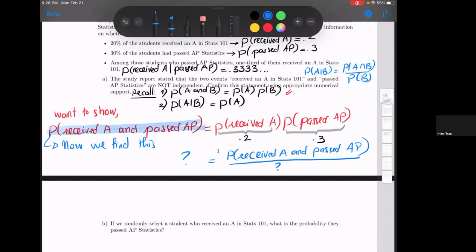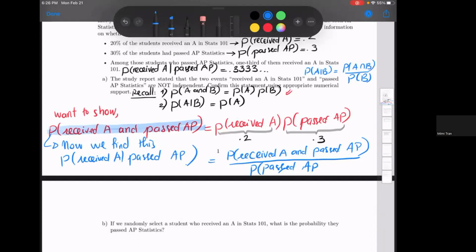Tell me what I should put here. Not a number, tell me in context. P of what? Good. That's your B, right? Yeah, that's right. P of receive an A given pass AP. That's conditional probability, right?